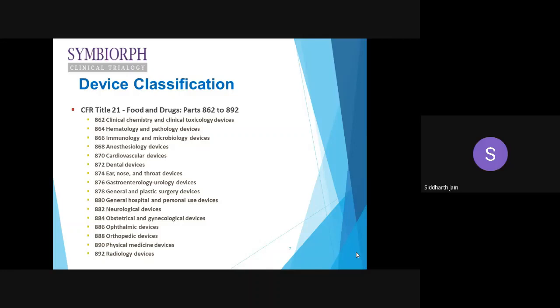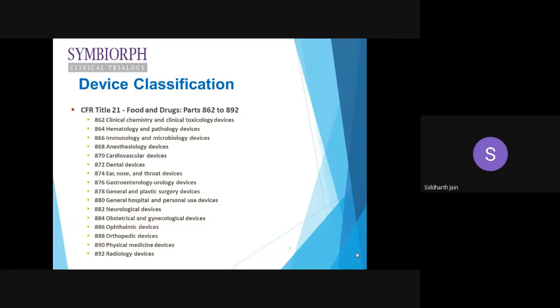And further, if you go inside those different parts, there will be different subcategories. So depending upon your product intended use, you have to define the regulatory number for your devices, selecting from these different parts, starting from 21 CFR 862 to 892.